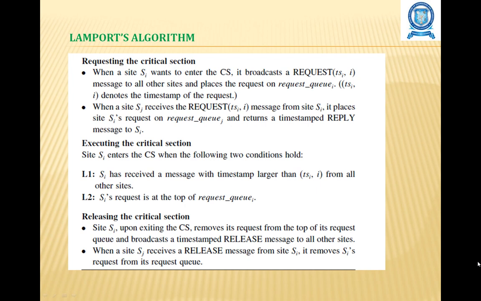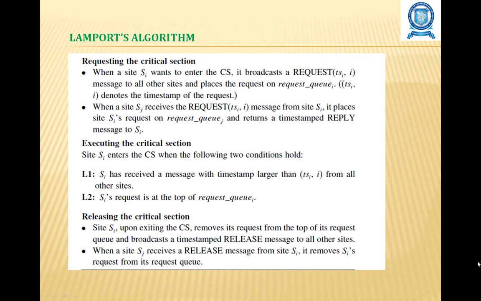The next stage is executing the critical section. Site Si enters the critical section if the following two conditions hold. First condition, Si has received a message with a larger timestamp than its request from all the other sites. And the second condition, Si's request is at the top of request queue i. These are the conditions to enter the critical section. The next stage is releasing the critical section.